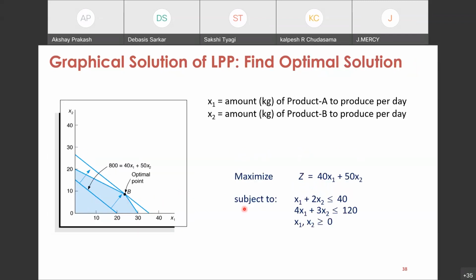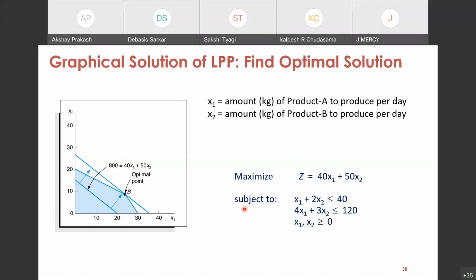See, this is what has been done here. So after you have identified the feasible domain, you draw the objective function line and move that line parallelly. So that will be easier.